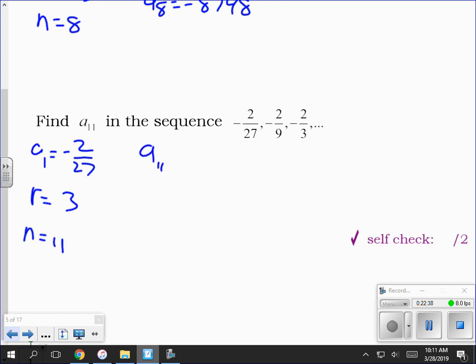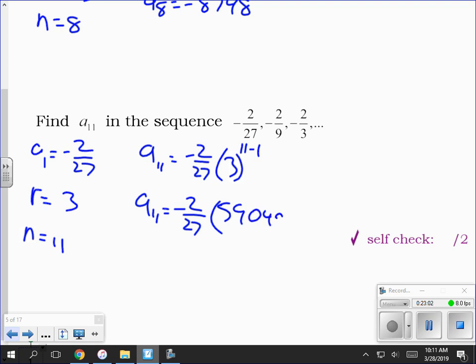So A sub 11 is -2/27 times 3 to the 11 minus 1 power. A sub 11 is -2/27 times 3 to the 10th, which is 59,049.